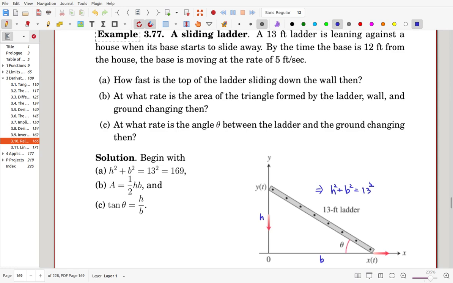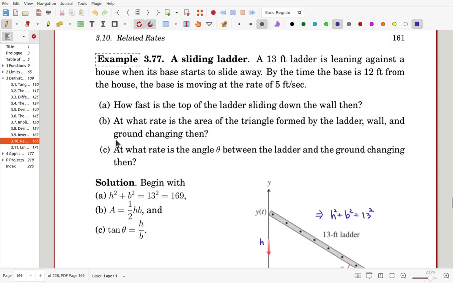Here the question is, how fast the top of the ladder is sliding down, which means that we have to find h prime. That's the unknown we have to decide.